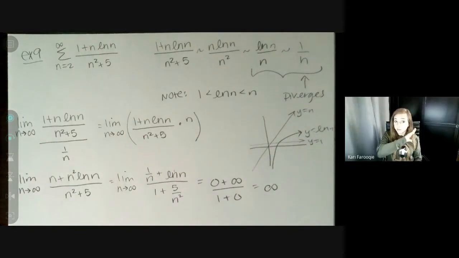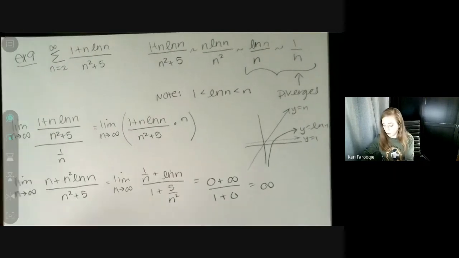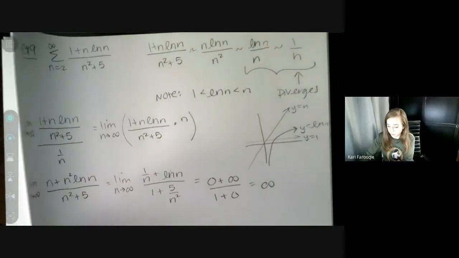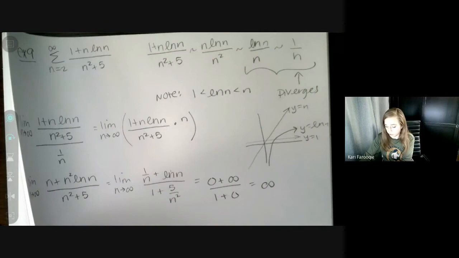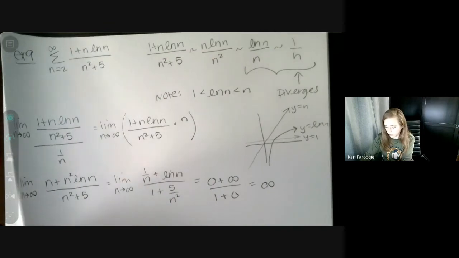Now, this might seem terrible, but this is actually not a bad situation for us. If we end up with a limit of infinity, it's only a bad situation if the comparison series converges. But if I can go back to my theorem, however many examples ago, find it here somewhere.